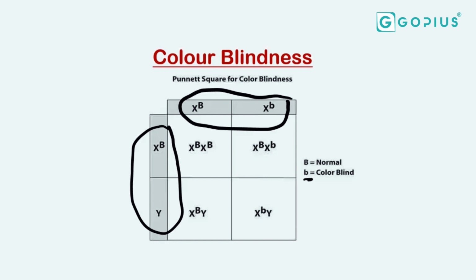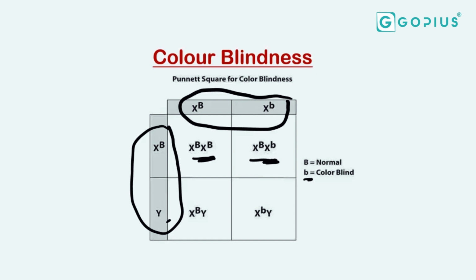So let's do the crossing. X capital B with X capital B will give you a normal girl. She doesn't have color blindness problem. Then X capital B with X small letter b will give you a normal individual, but she's a carrier.